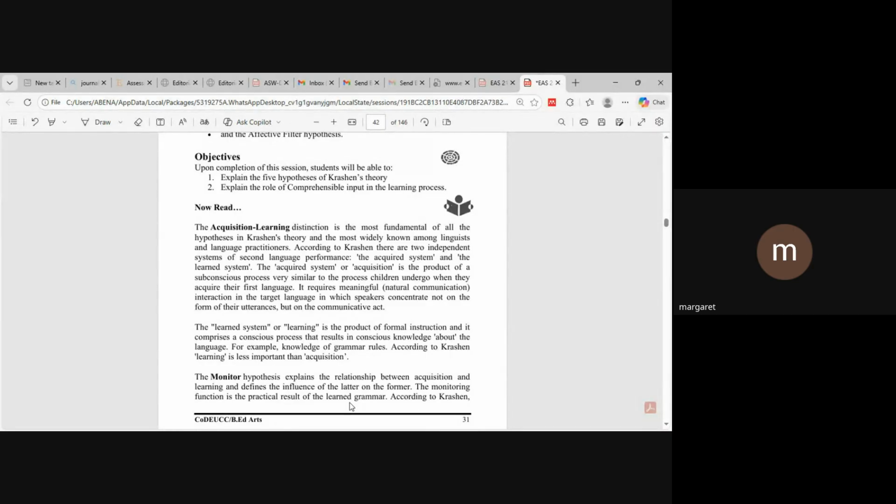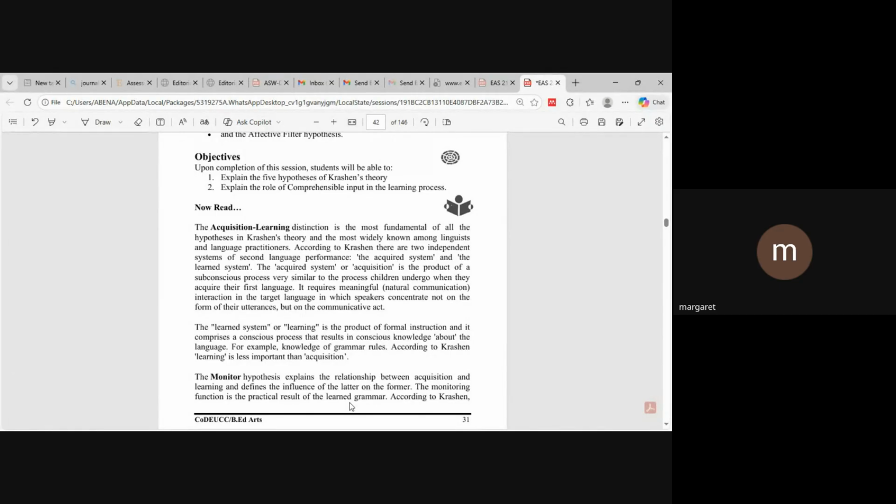So you know the grammar of the language. So when you are speaking English, when you are communicating and you make a mistake, it is the learned system that prompts you to check your concord and then you correct yourself immediately. Right. So that is what we mean by the learned system influencing the acquired system.